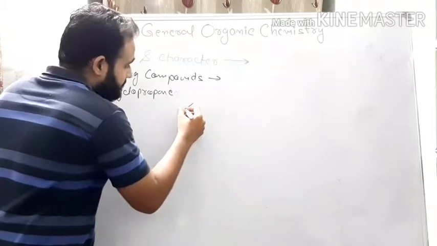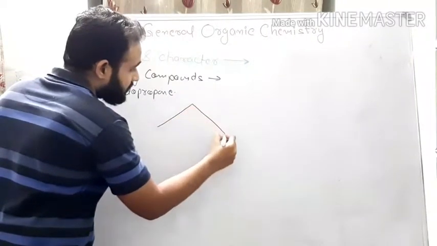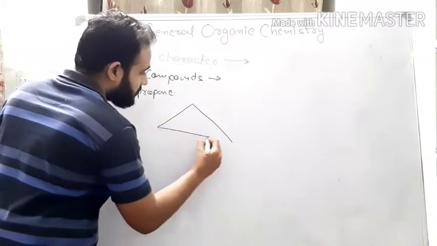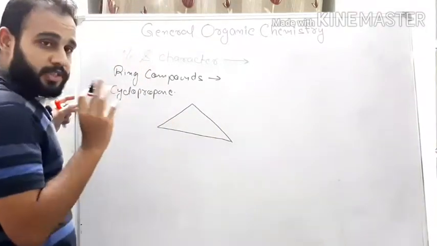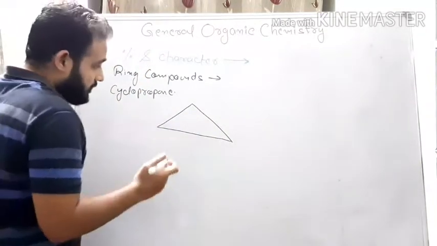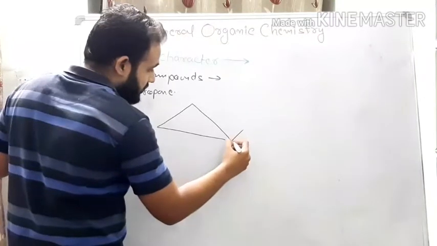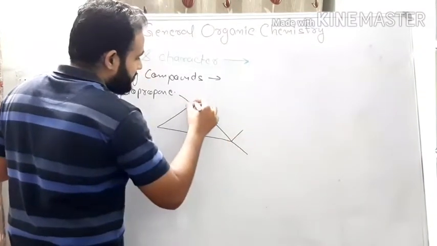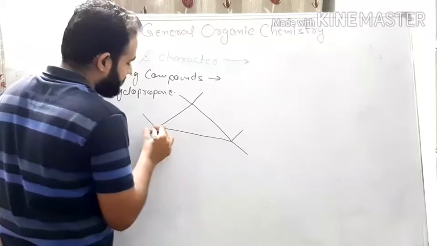Now see, this is your cyclopropane. Two hydrogens are present on each carbon atom.